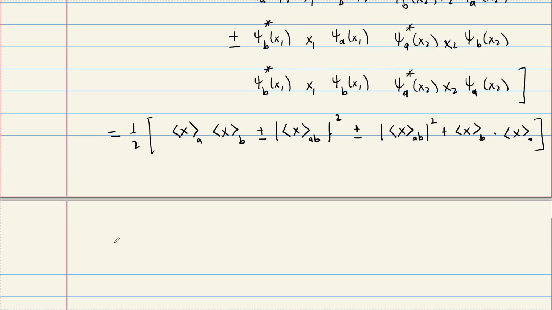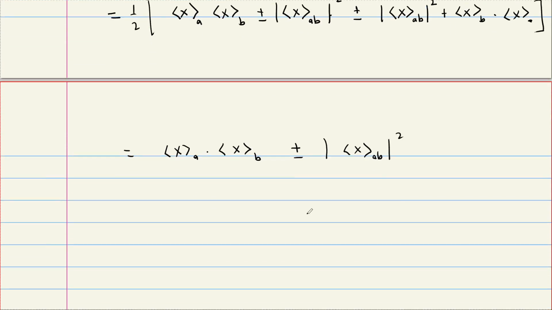So what we have is x in A times this one plus this one, and 1/2 is gone. x in B plus or minus 2 of these, and 1/2 xAB squared.